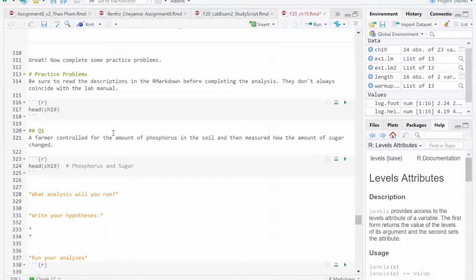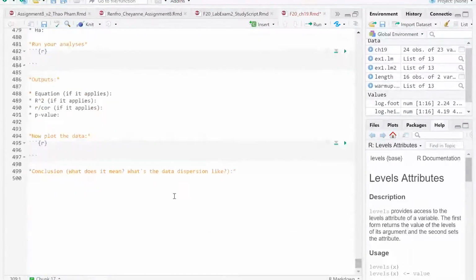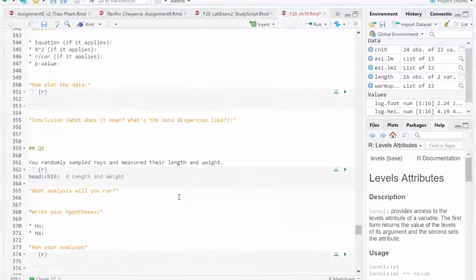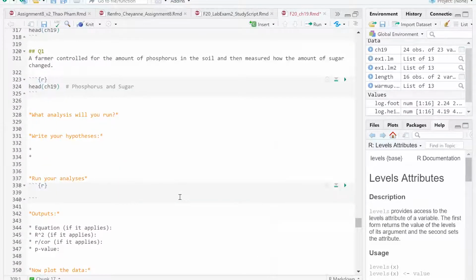We still have 45 minutes left. There are some practice problems for you to go through with your group, but I will do a quick survey for some options that we can go over. Do you want me to do another problem as an example?